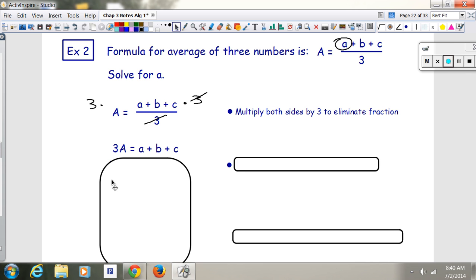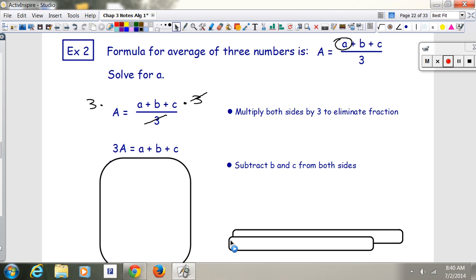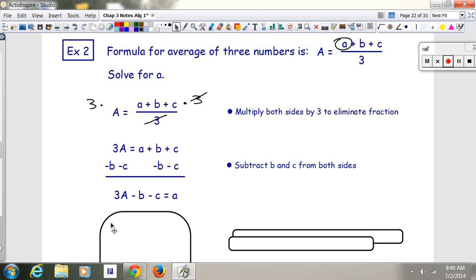Little a. So what do I need to move to the other side? The b and the c. So what I'm going to do is subtract b and c on both sides. So subtract the b, that's canceling out the b's. Subtract the c, that's canceling out the c's. So 3 times big A minus little b minus little c would equal our little a right there. If you take 3, multiply it by your average, subtract b, subtract c, that would get you that first test score, or first number.